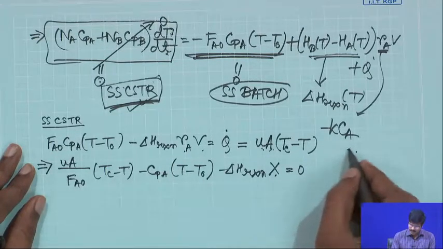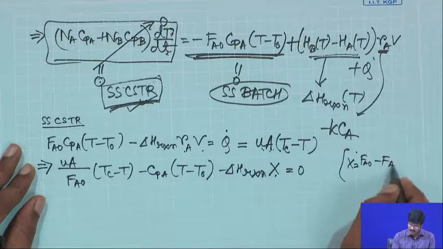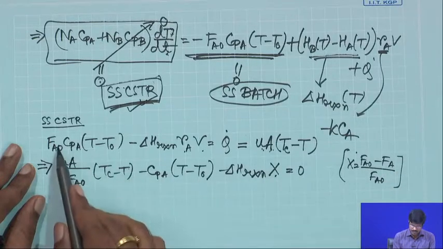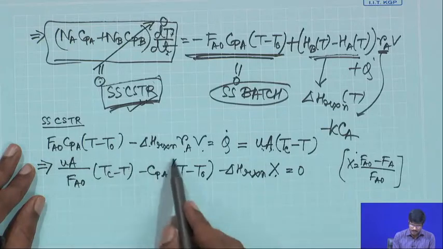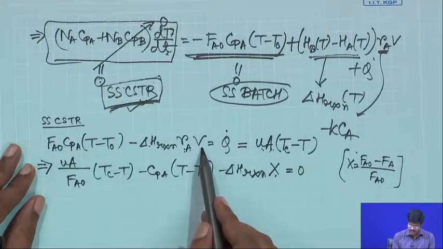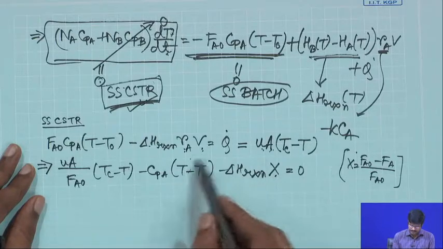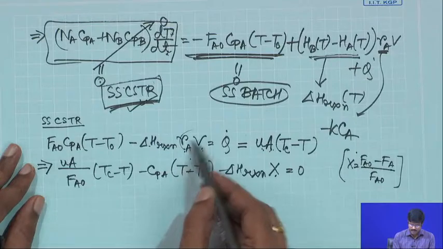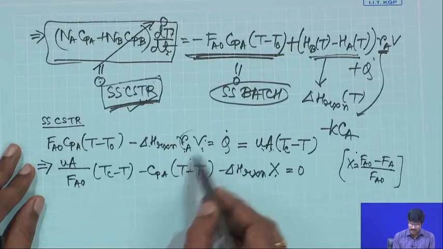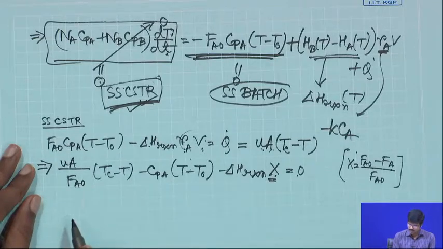You remember that X is nothing but (Fa0 minus Fa) divided by Fa0. So, if you divide both sides by Fa0, then Ra into V divided by Fa0 is nothing but (Fa0 minus Fa) divided by Fa0, which is your conversion. Okay. So, the conversion now makes an appearance here.